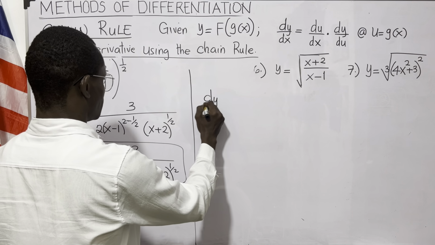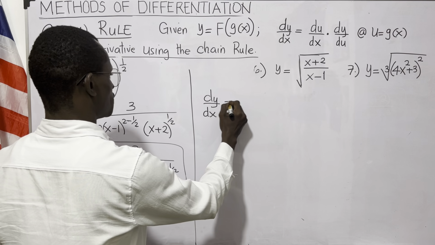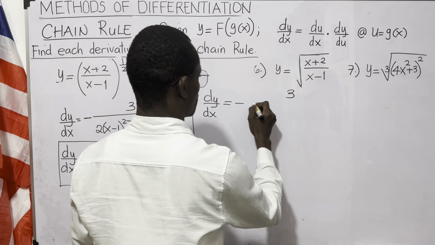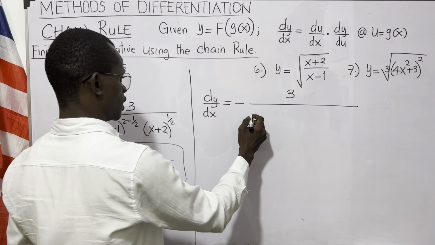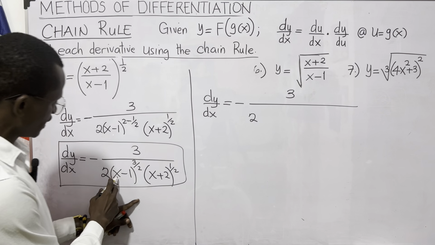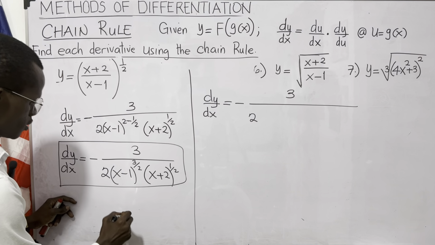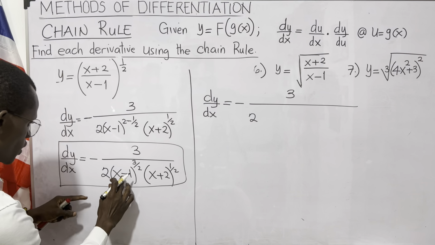dy/dx is equal to negative 3 over 2. Now this (x − 1) raised to the power 3/2 means (x − 1) times (x − 1) times (x − 1), the square root.